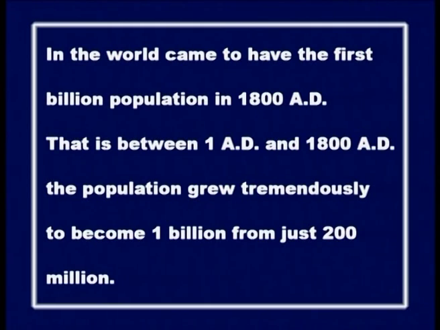The world came to have the first billion population in 1800 AD. That is, between 1 AD and 1800 AD, the population grew tremendously from just 200 million to 1 billion.